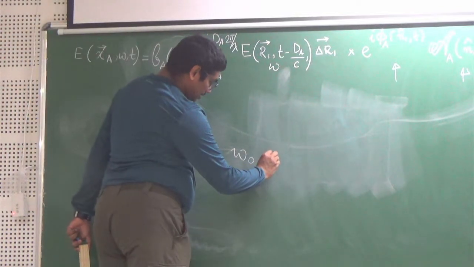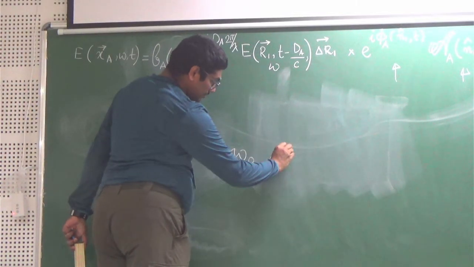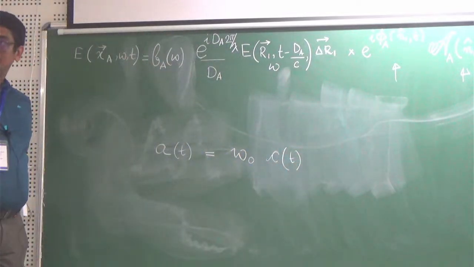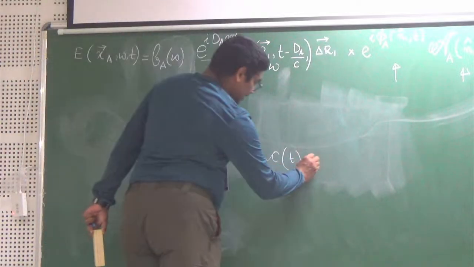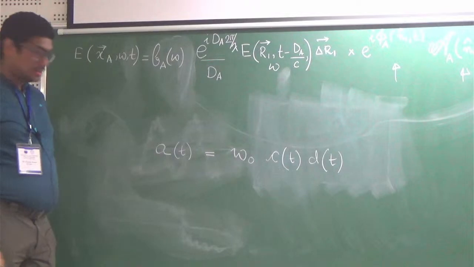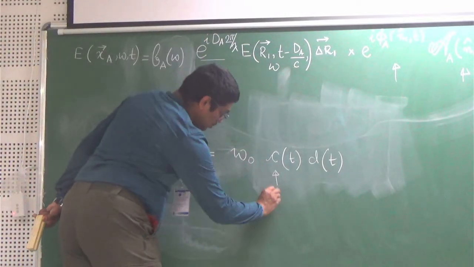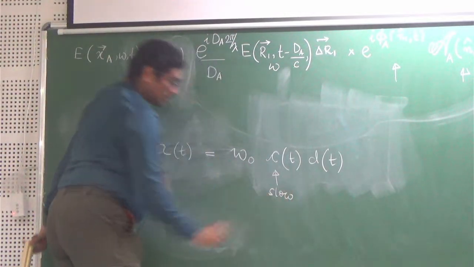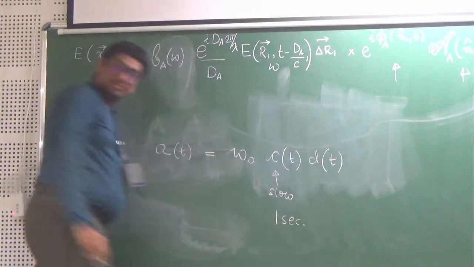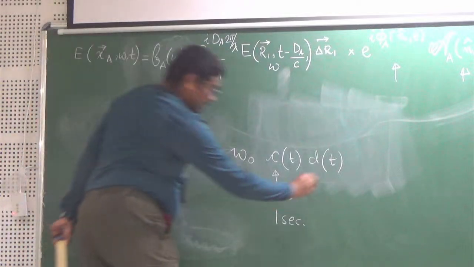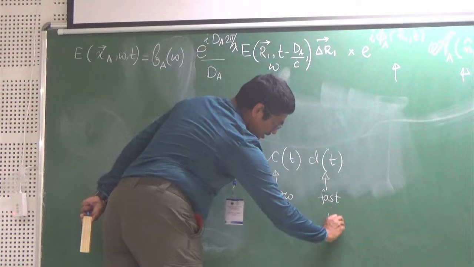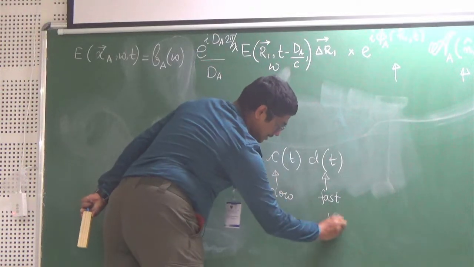There is C as a function of T. There is a D as a function of T. This I call slow, because this changes at say 1 second scale. This I call fast. This changes at 10 to the minus 6 seconds.